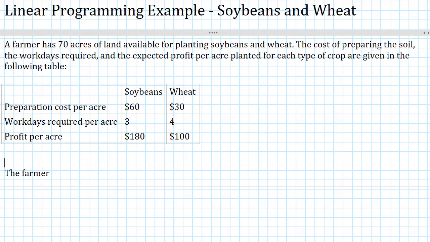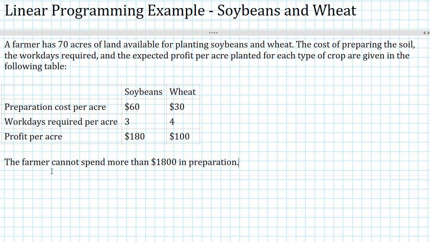The farmer cannot spend more than $1,800 in preparation. Okay, so he's limited to $1,800 in preparation cost. He is also limited to a total of 120 workdays.